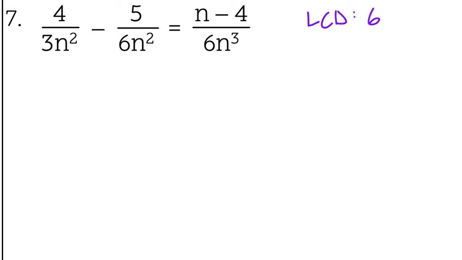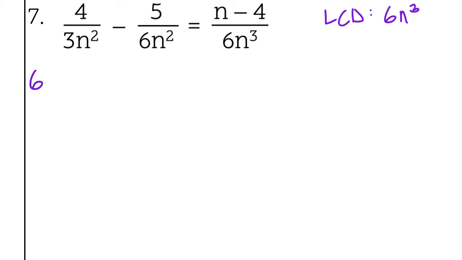Now look at the variables. I have n to the second power, n to the second power, n to the third power. So we always take the biggest one, so n to the third power. So that is my least common denominator. I'm going to multiply the entire equation by that.